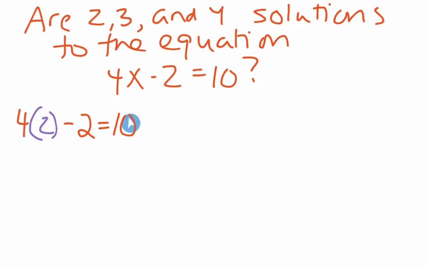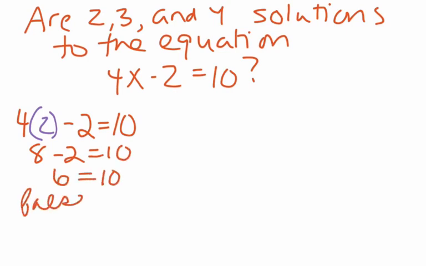Fortunately in this one, we don't have to simplify anything on the right-hand side. So we just have to simplify the left side. So 4 times 2 is 8, and 8 minus 2 is 6. That is false, so not a solution. And I'm going to use the abbreviation SOLN for the word solution.